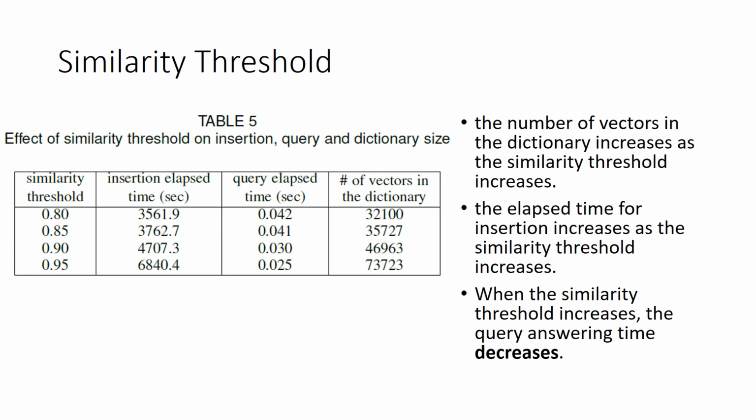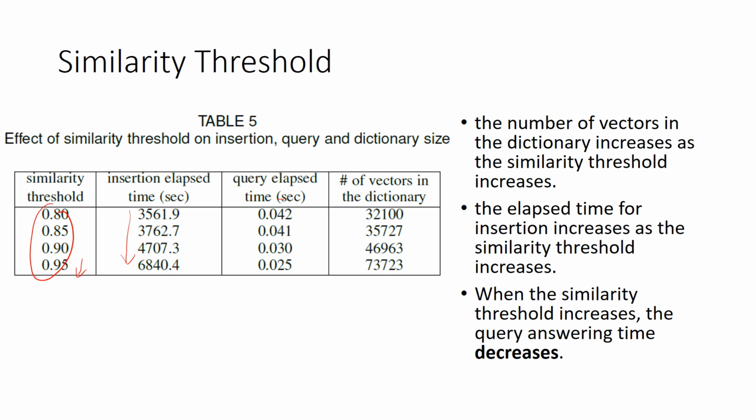And we also conduct experiments to study when the similarity threshold between two vectors is varied. So if the threshold increases, the insertion time is increased as well. This is because the inverted index will become larger because the vectors tend to be different from each other if the similarity threshold is large.